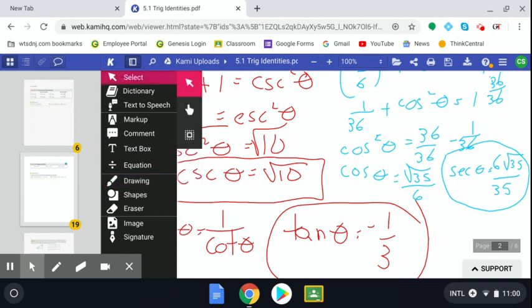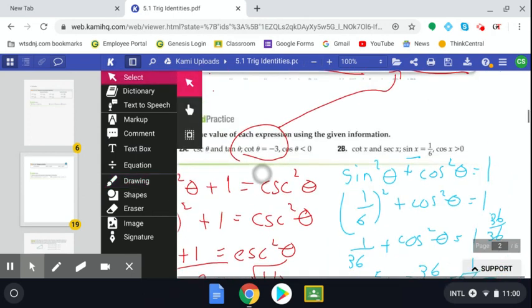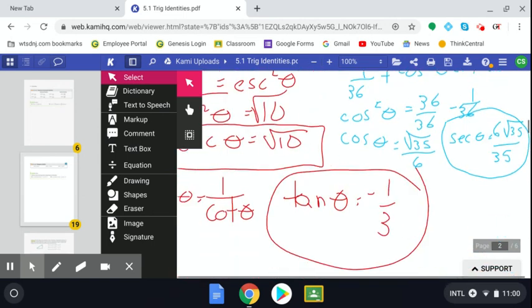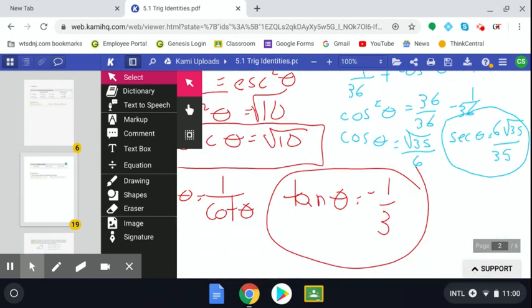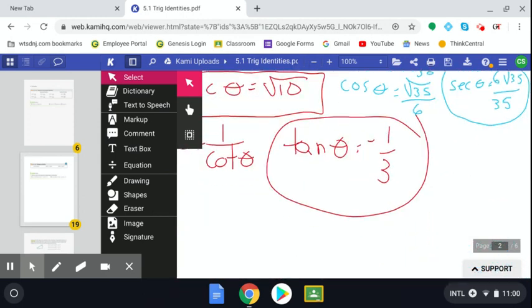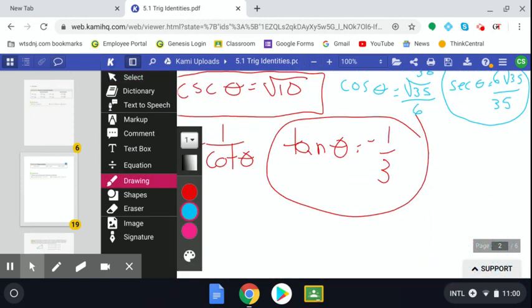And then they also asked for cotangent. So cotangent is cosine over sine. I have both. So cotangent theta is cosine theta over sine theta. Cosine theta was radical 35 over 6.